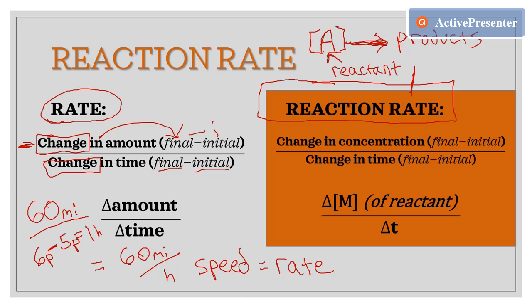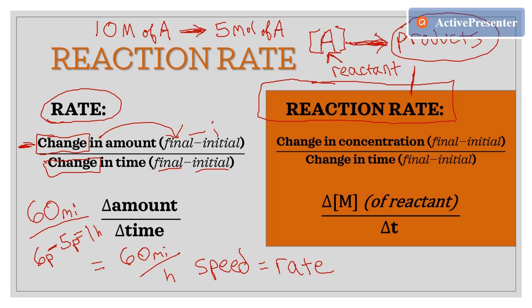So if you start out with 10 molarity of molecule A, but then you break it down into some products, then after a certain period of time, you might only have 5 moles of A left because the other 5 moles of A has been used up and broken down into the products.